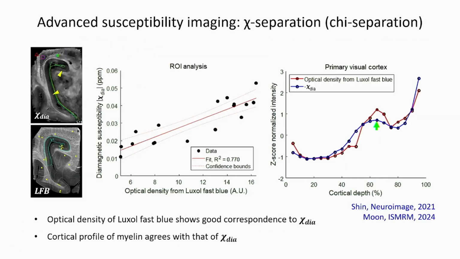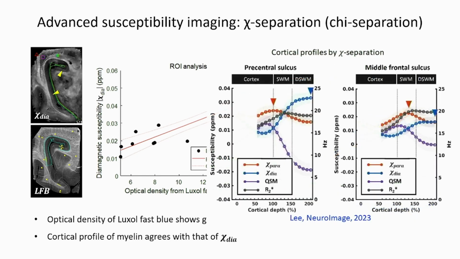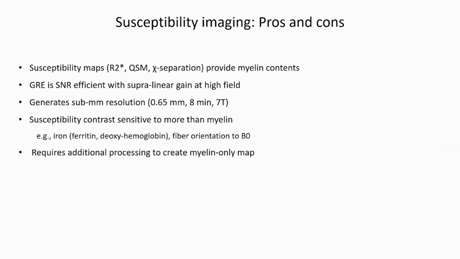When we did the correlation between the histology and this diamagnetic susceptibility map, it shows a pretty good correlation here. And also in the primary visual cortex, you see this line of Gennari bump in both of the results. And you can go further for the in vivo analysis of the cortical profile that shows the expected profile of the iron and myelin when you compare the paramagnetic and diamagnetic susceptibility images.